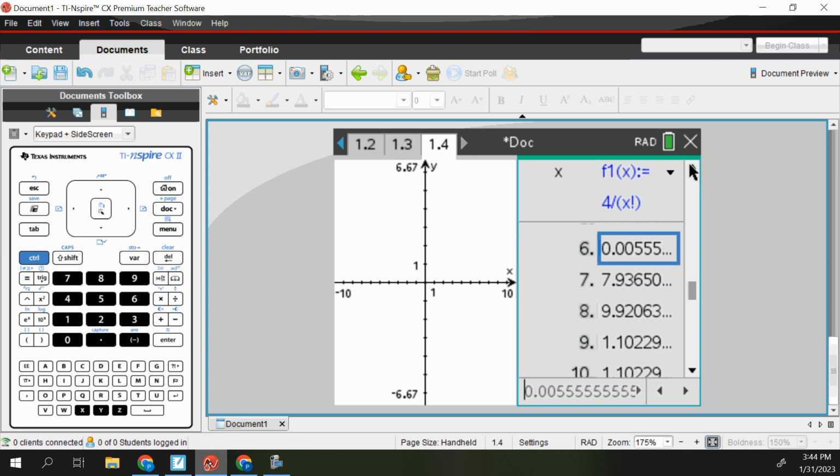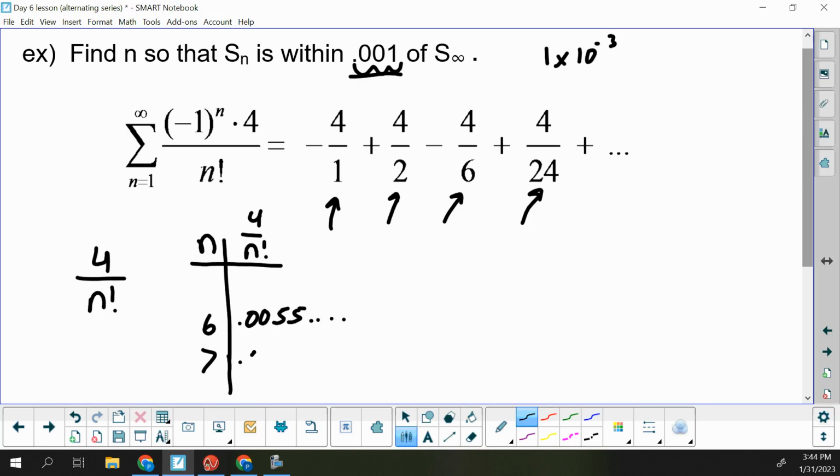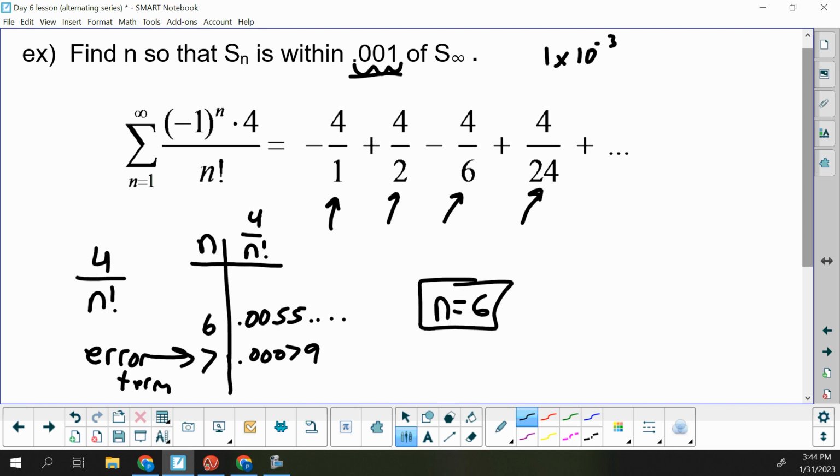And for 7, this was to the negative 4, so that's going to be 3 zeros and then the 7, 9. And then what we'd identify is that this is the error term. Well, the error term is your next term, meaning we would want to carry this out to the 6th term. So we would want n to equal 6 to be how far we want to carry it out.